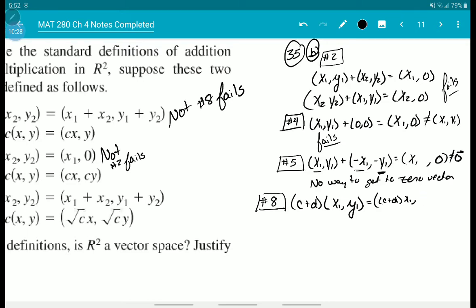I'm just kidding, sorry, we're under addition. So now we're using that multiplication rule. So standard multiplication. Standard rules now.